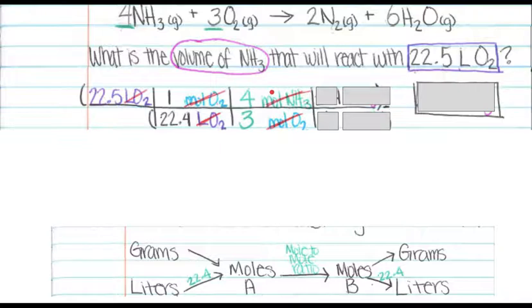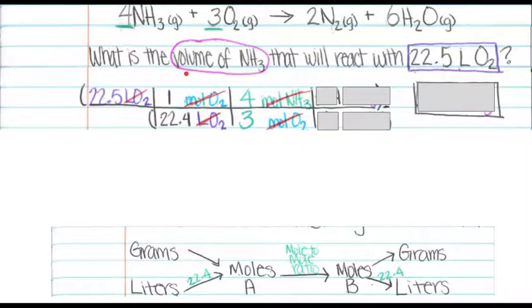Just to summarize where we are, I have gone from liters of oxygen to moles of oxygen, and with the last step we went from moles oxygen to moles ammonia. The last step is I want to get to volume of ammonia, not just moles of ammonia.